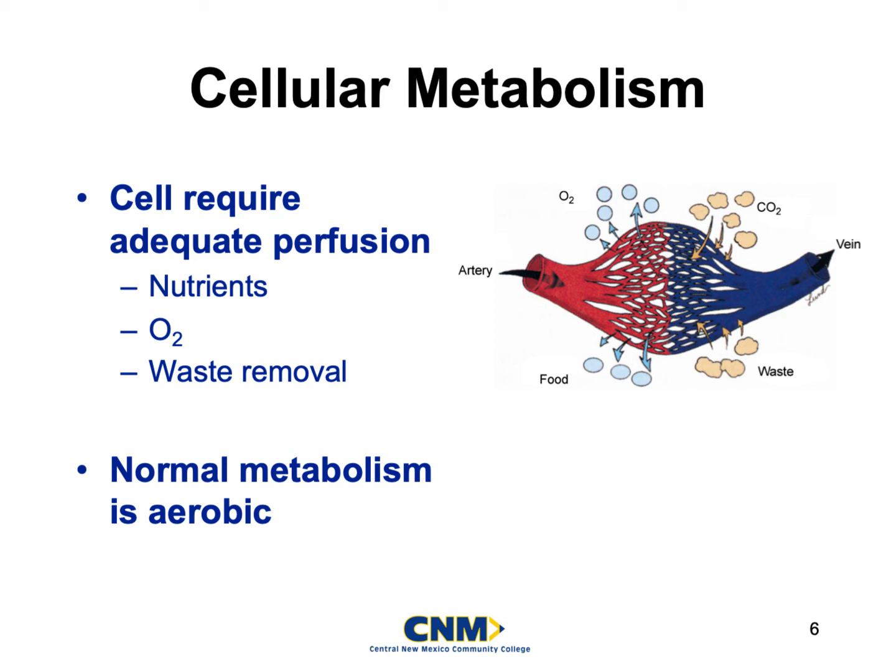Okay? If our cells are not able to produce energy, if our cells are not able to remove waste, if our cells are not able to get the nutrients they need, right? If the cells are not able to suck in that oxygen and use it for energy, we are having inadequate tissue perfusion. Our cells are going to start to die.